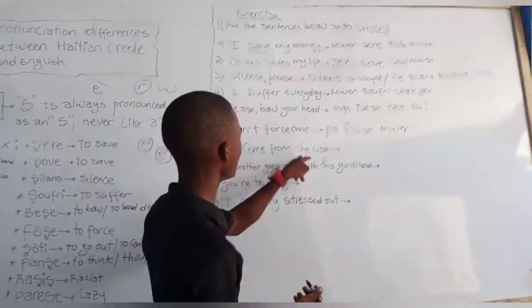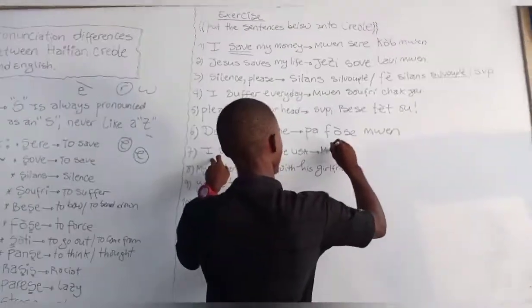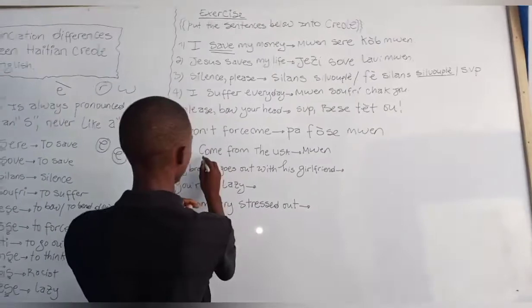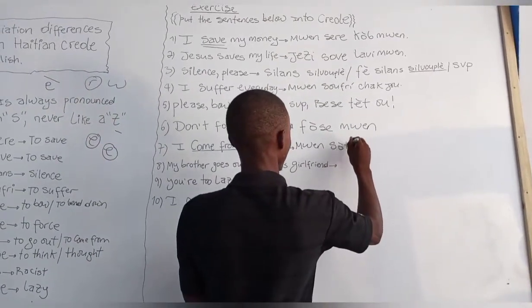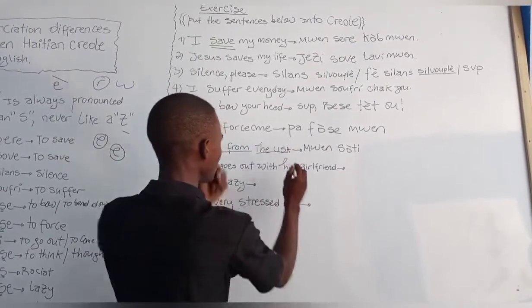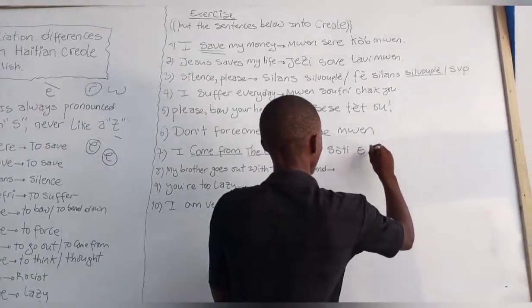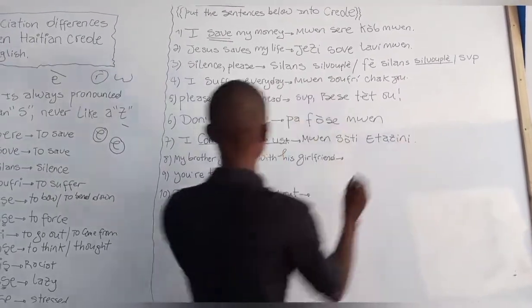I come from the USA. You would say, moi sorti, okay? The USA in Creole is États-Unis.